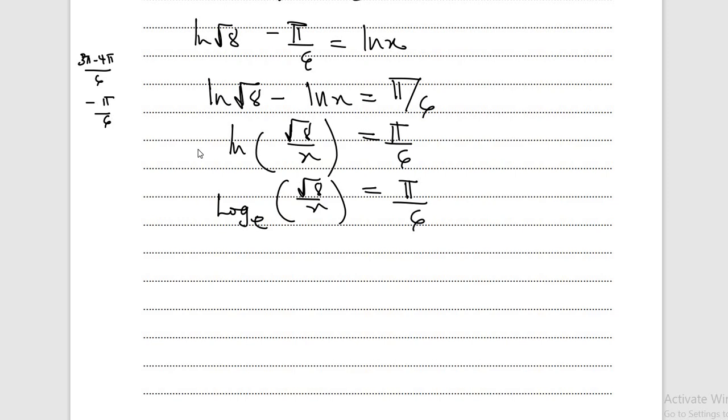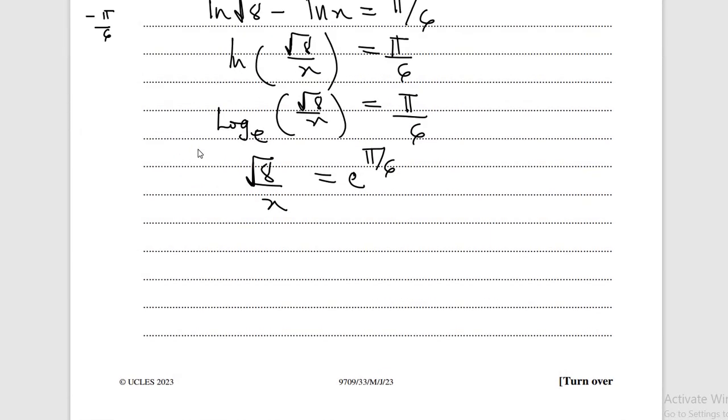From the definition of logarithms, we have root 8 over x equal to e raised to the power pi over 6. We are looking for x, so we cross multiply, like I showed earlier. That will be root 8 equal to x e raised to the power pi over 6.